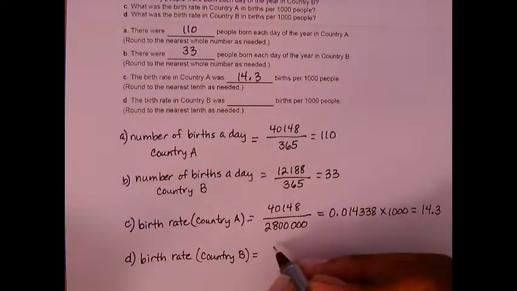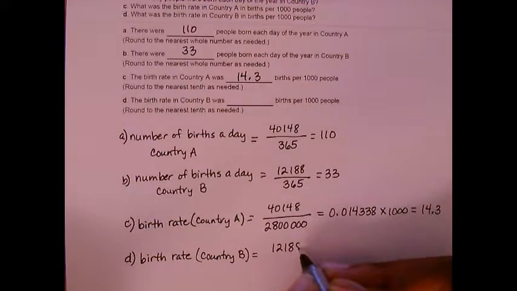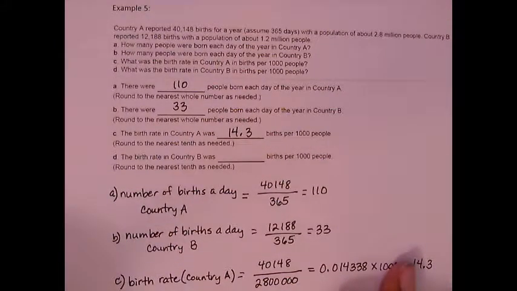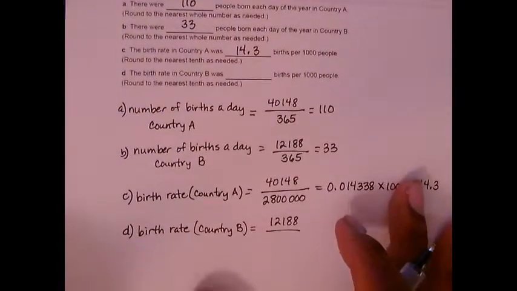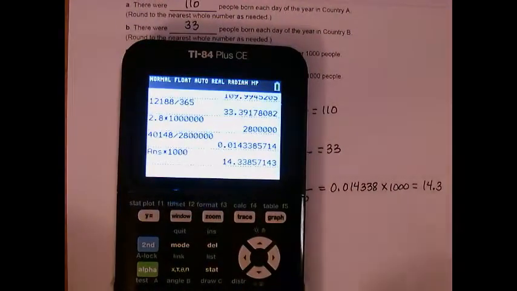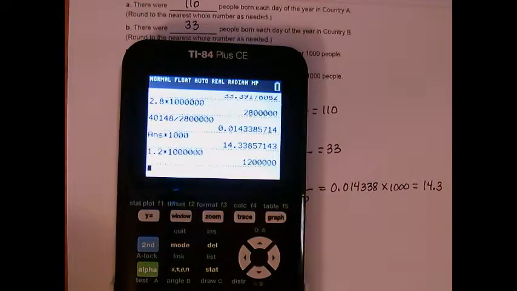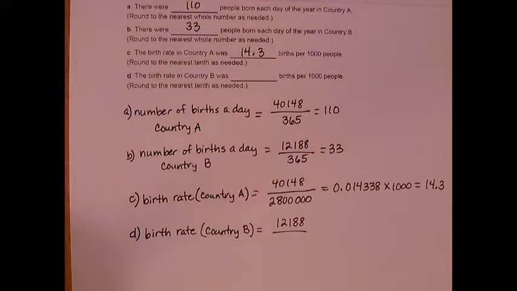There were 12,188. That's going to be divided by, country B had a population of 1.2 million people. So if I take 1.2, and million is a 1 with 6 zeros behind it, multiply that, you're going to get 1,200,000.